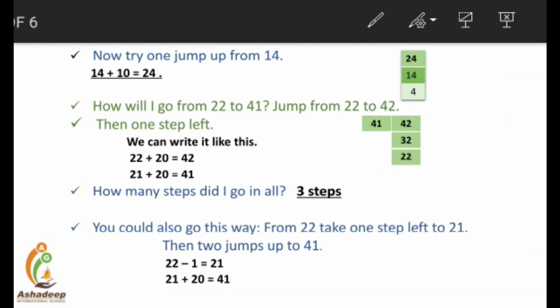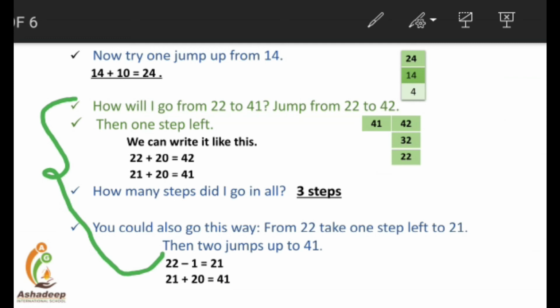Okay, the next third question says you could also go this way: from 22, take one step left to 21, then 2 jumps up to 41. See, these two questions are the same, but written in different ways, meaning we go to the number 42 by different shortcuts, right?